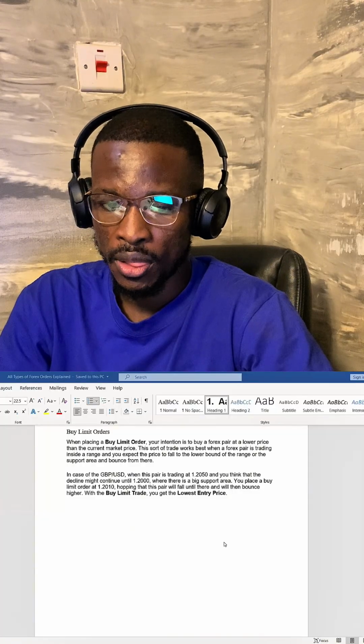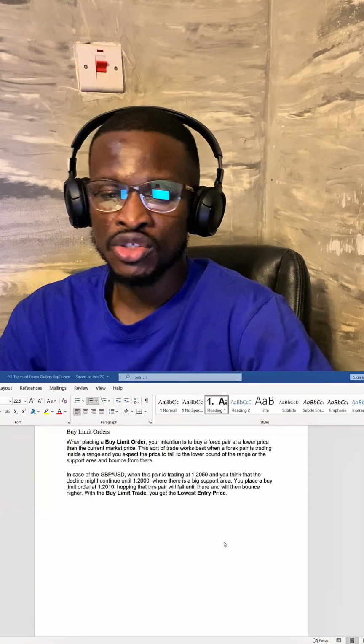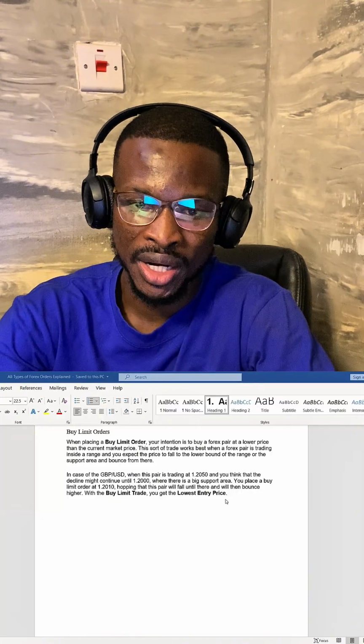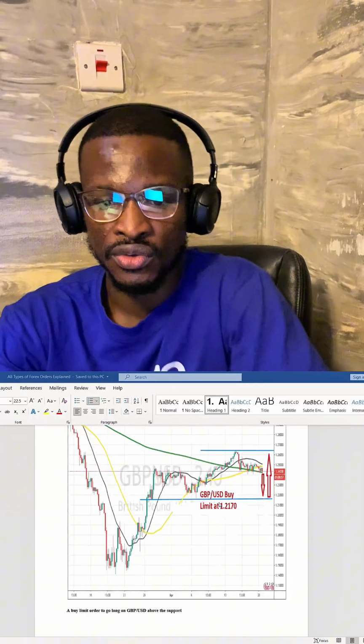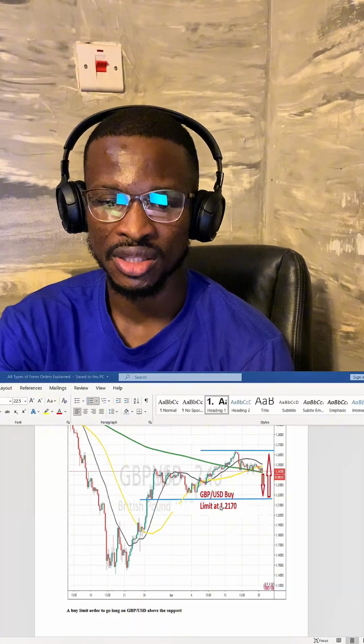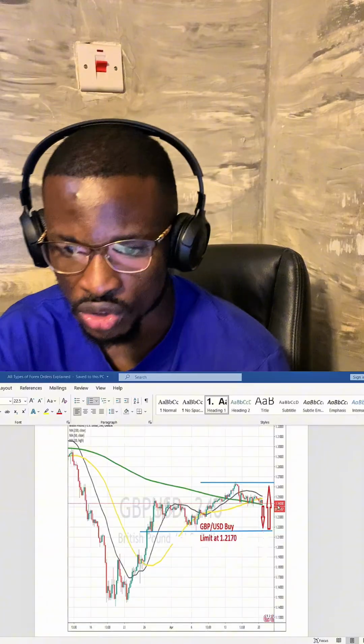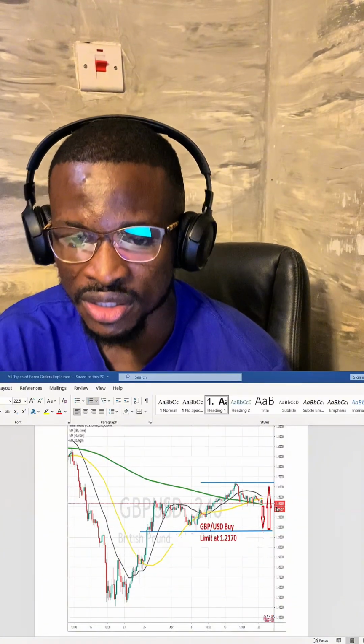So a buy limit order is an order placed below the current market price. If you look at this chart now, you can see that the current market price is at 1.24330.